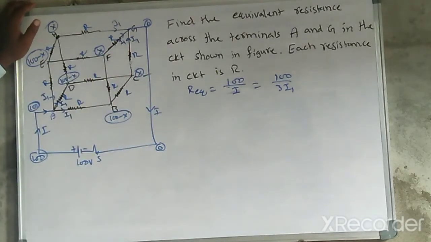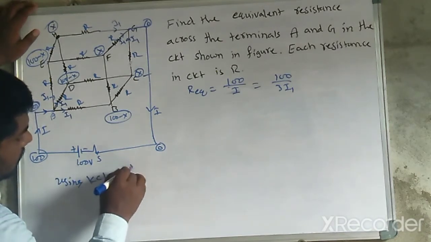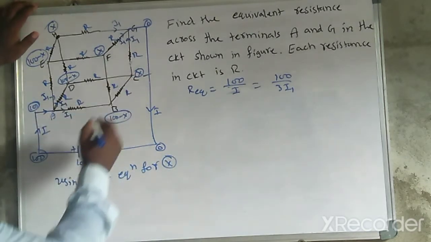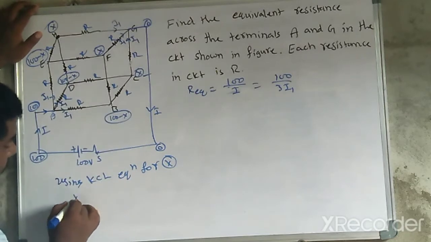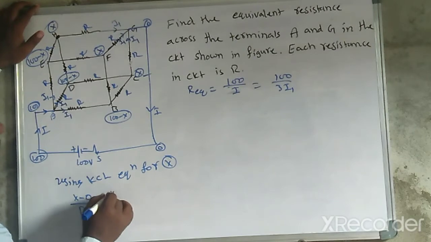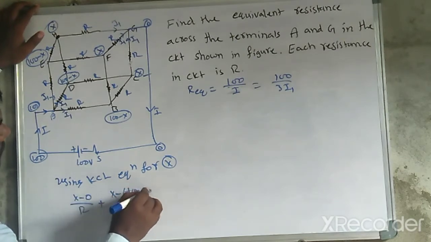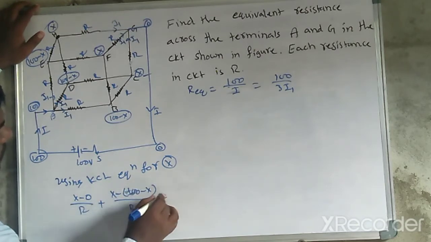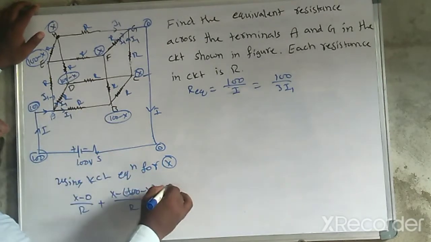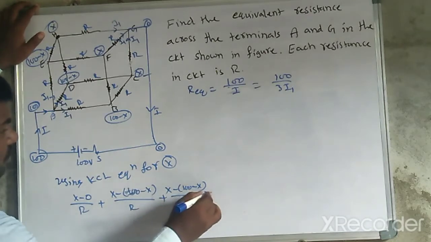How to find it: using the KCL equation for X. X minus 0 divided by R, plus X minus (100 minus X) divided by R, plus X minus (100 minus X) divided by R, is equal to 0.